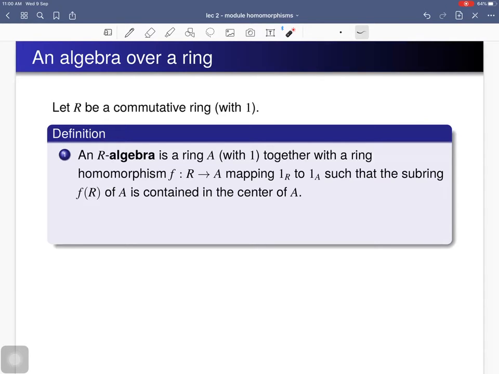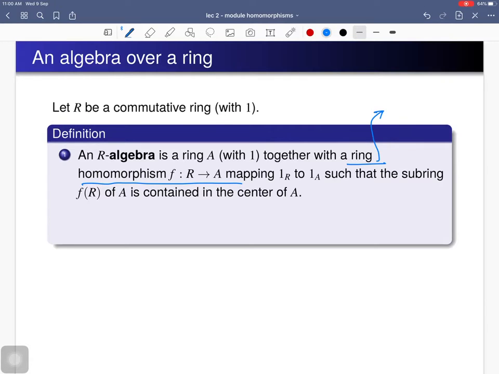By definition it is a ring together with this map, and we can prove that giving this ring homomorphism is equivalent to giving an R module structure on A.